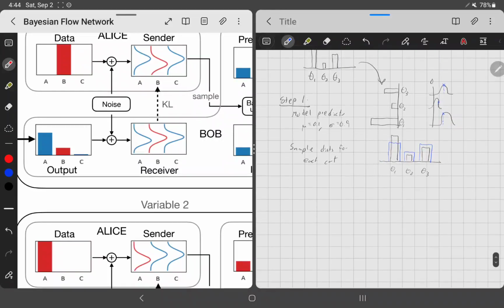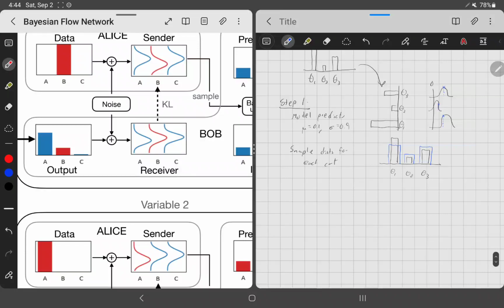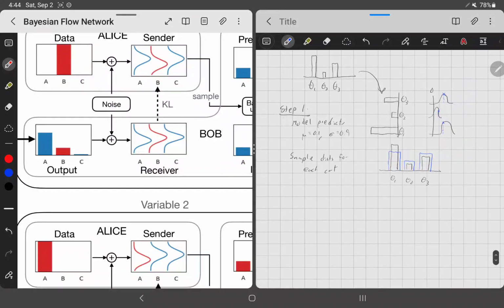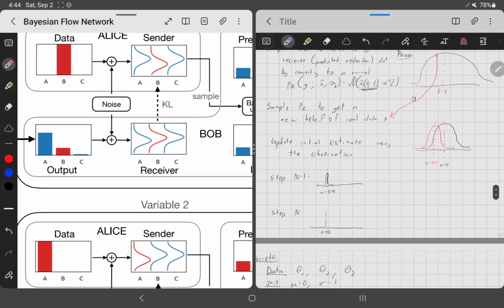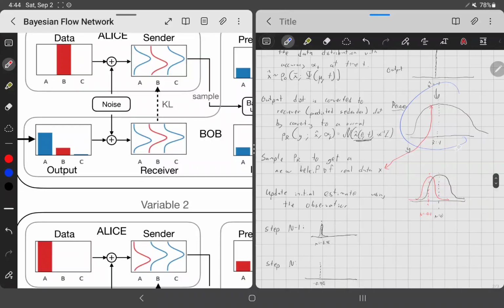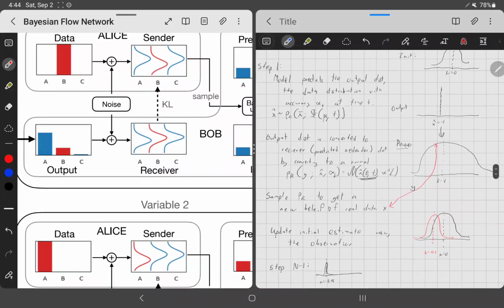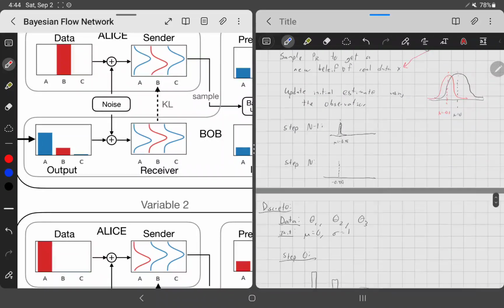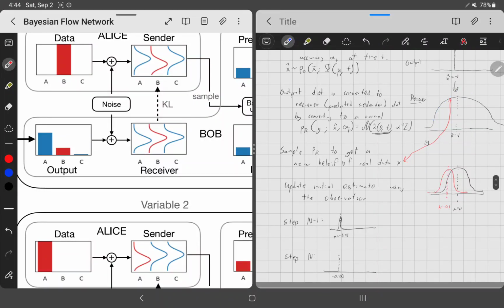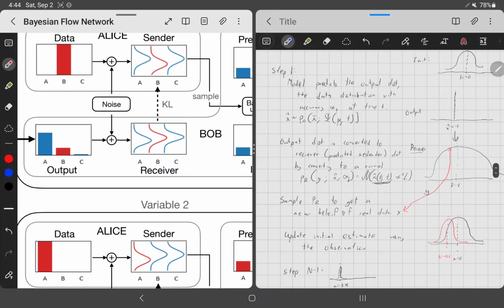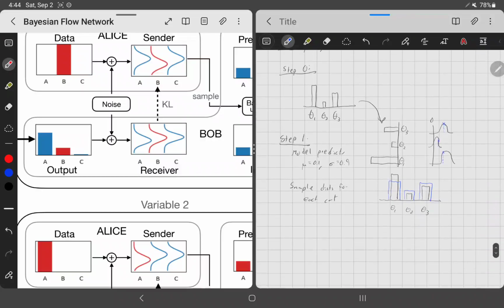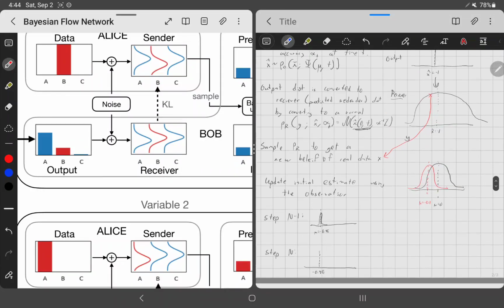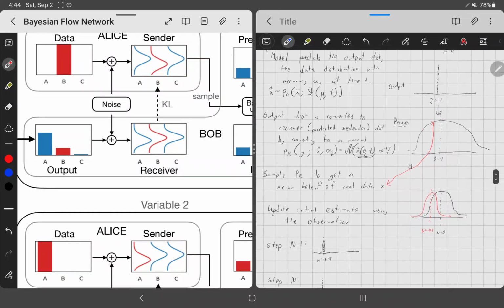Now, I would say that this distribution here is kind of similar to your output distribution.